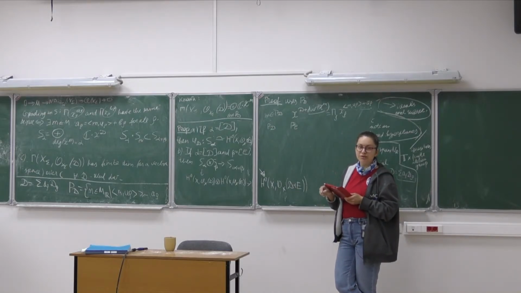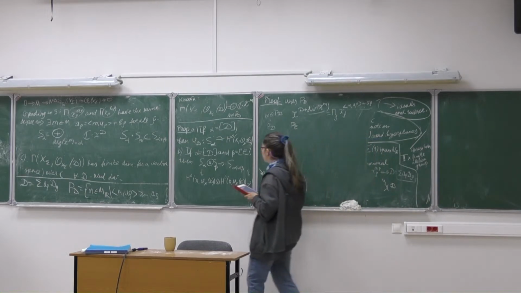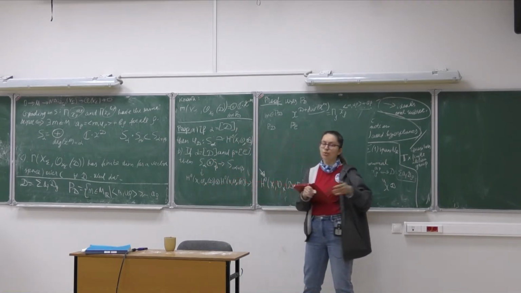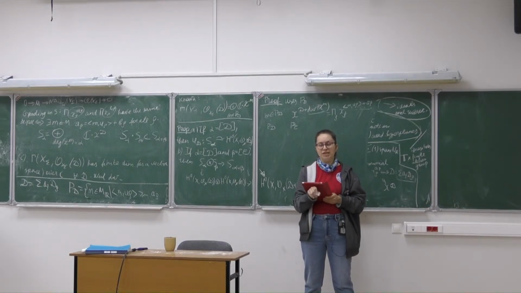So the product is well defined. If we take two elements here, we can sum up the inequalities which were satisfied for the initial monomials.